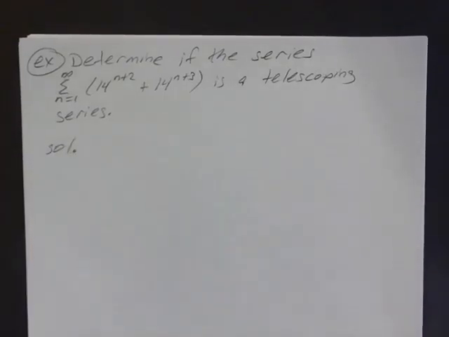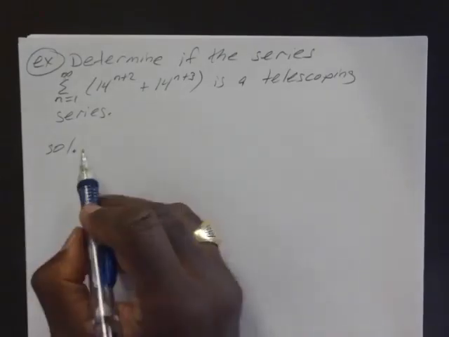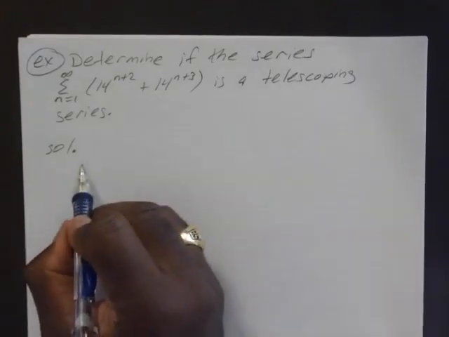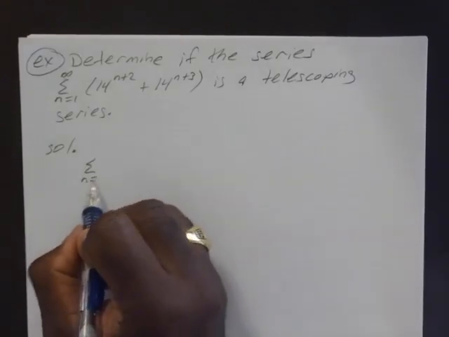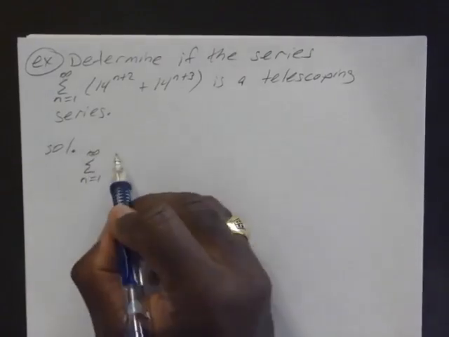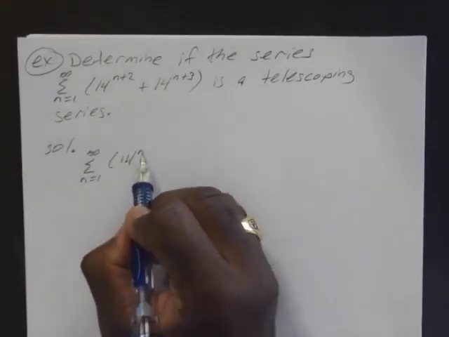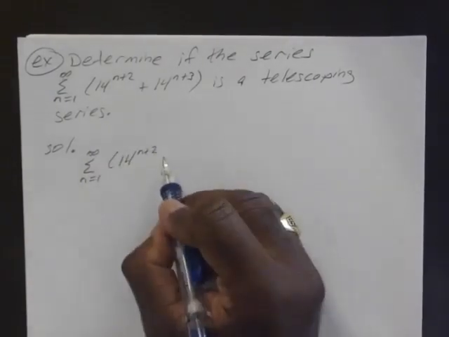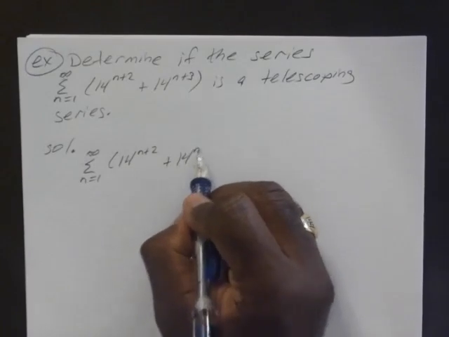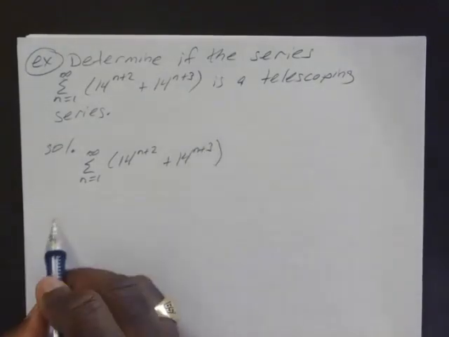And with this, you just want to plug in values and see if there's a pattern, if those middle terms cancel out. So the sum from n equals 1 to infinity of 14 to the n plus 2 power plus 14 to the n plus 3 power.